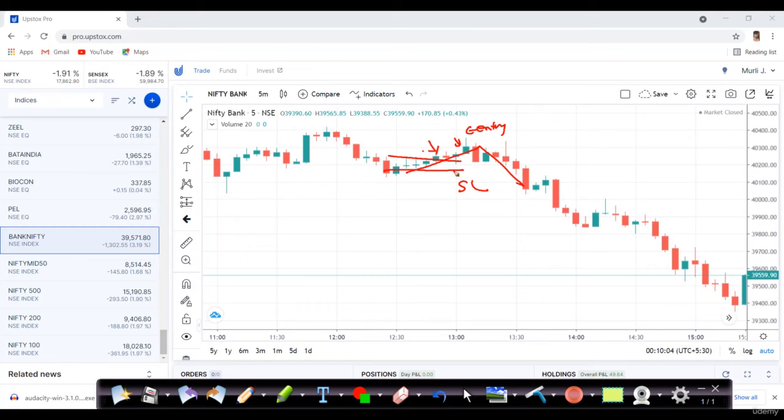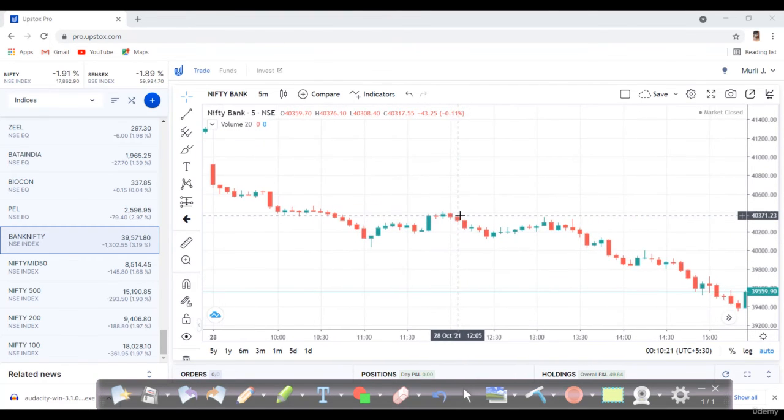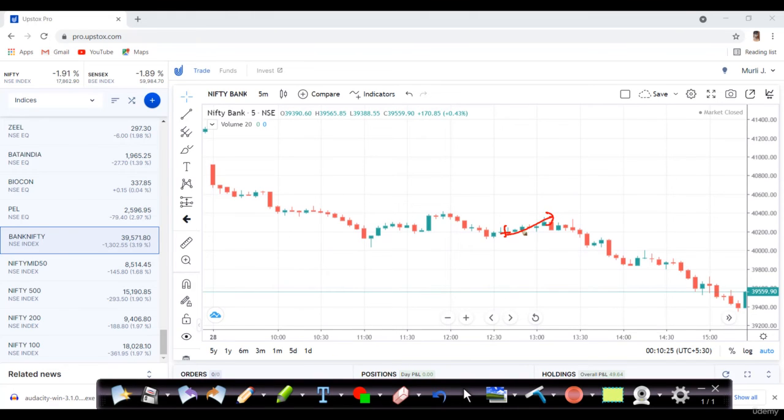So as I said earlier, it is a neutral or indecision candle. To be on the safe side, most of the time it will give a profit, but for that just check the past trend of the market. The past trend is negative, so why should you make an entry on the positive side, right? It does not make any sense to make an entry on the positive side if the market is in a negative trend.